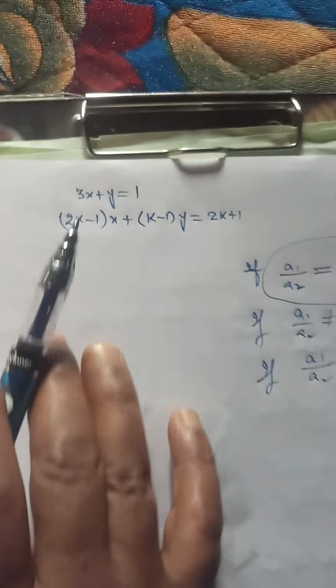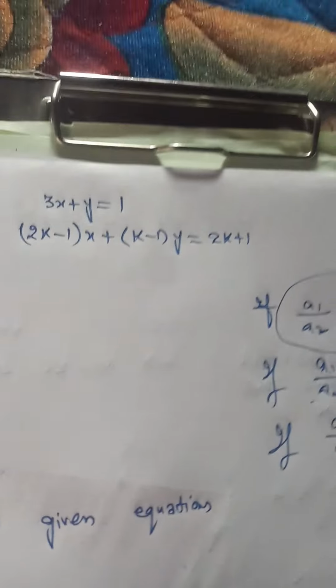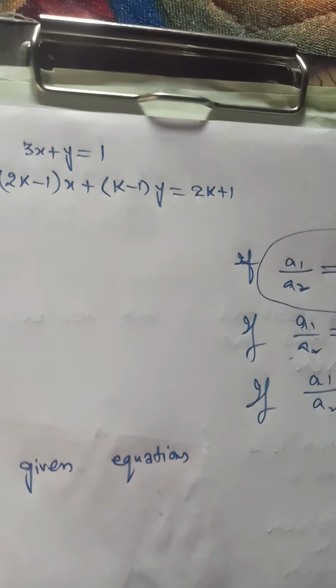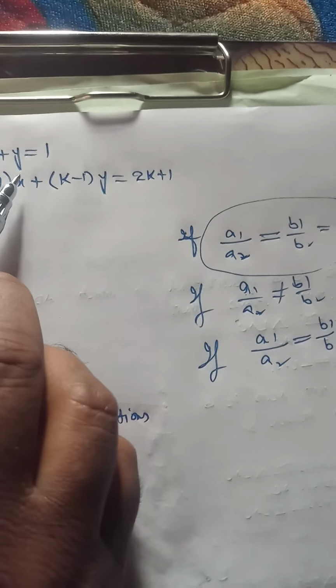Here we mean linear equations, because the name of this chapter is a pair of linear equations in two variables. Here there are two variables, x and y. These are all linear equations.